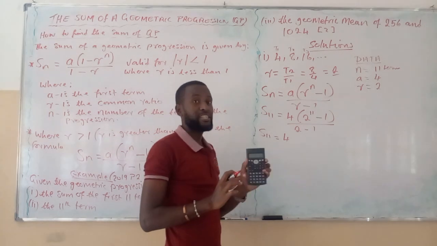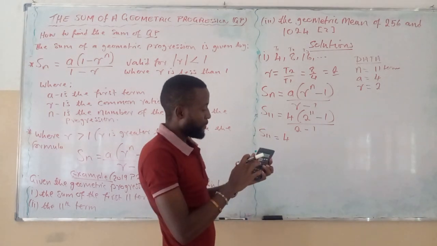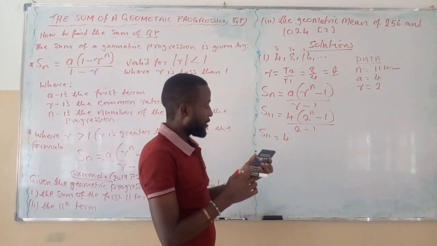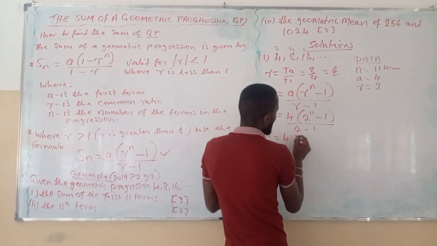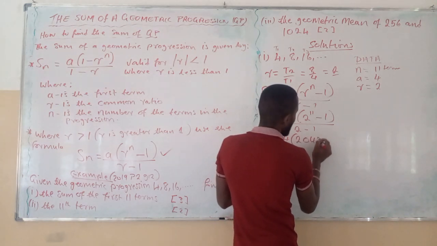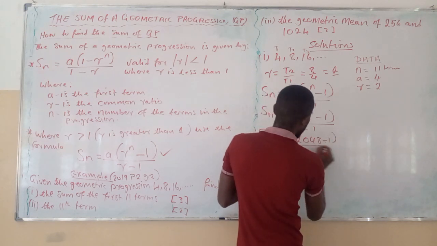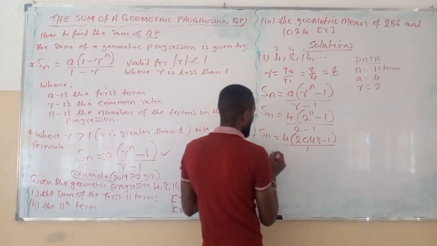You see, if you don't have a calculator, you are going to waste a lot of time. So use the calculator. 2 to the power 11, you have this big number, 2048, minus 1, over 2 minus 1, we only have 1.